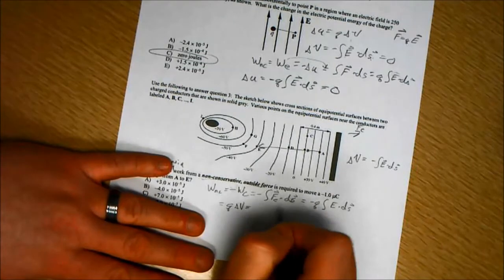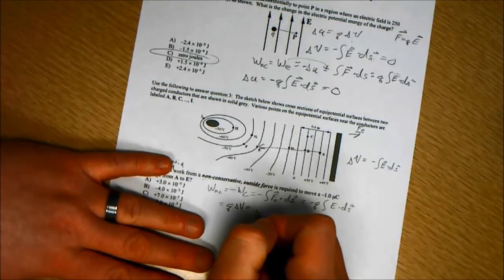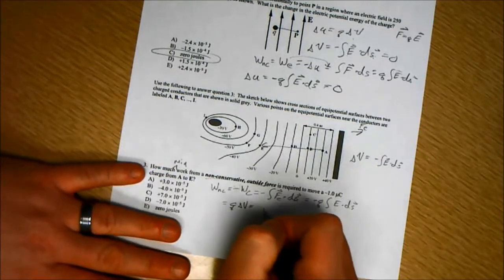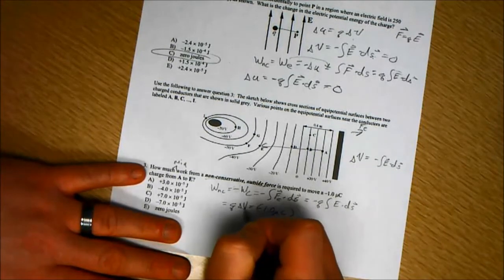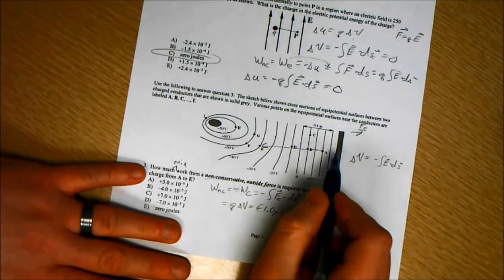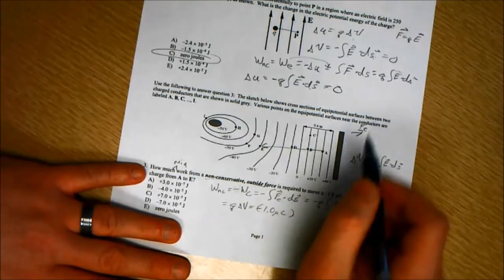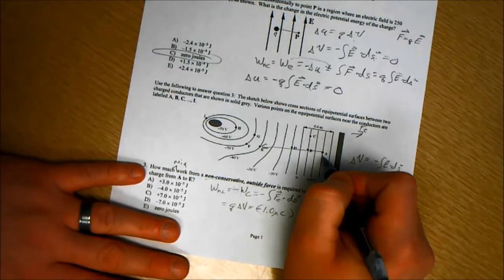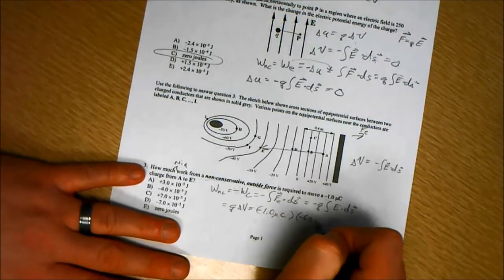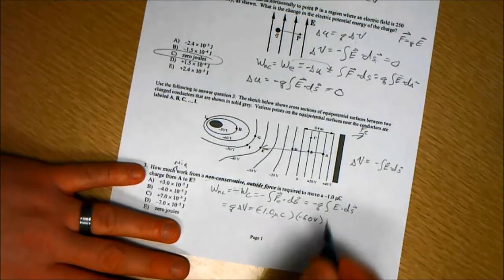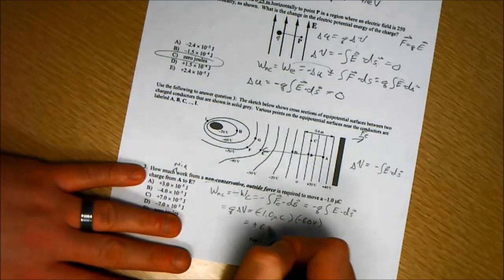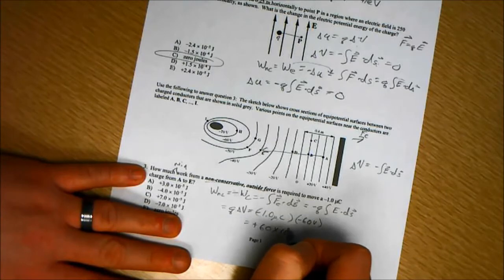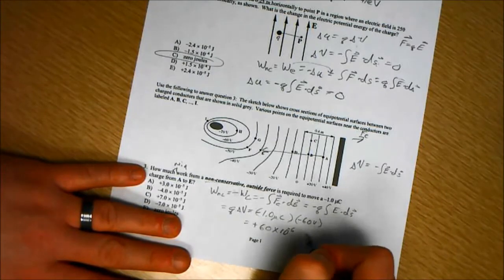And so that is just going to be negative 1.0 microcoulombs times delta V, which is final minus initial. So negative 30 minus 30, that's negative 60 volt potential difference. So it equals a positive 60 times 10 to the negative 6 joules. That comes from the micro in the microcoulombs.